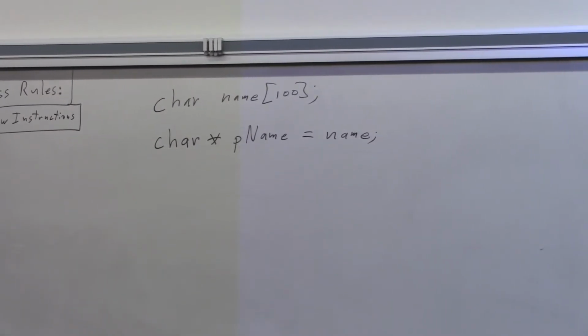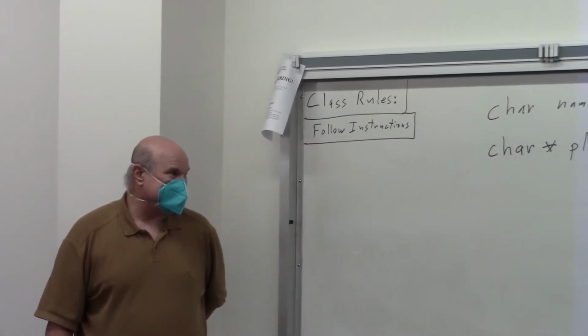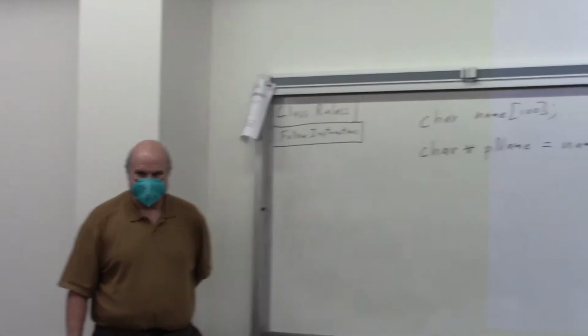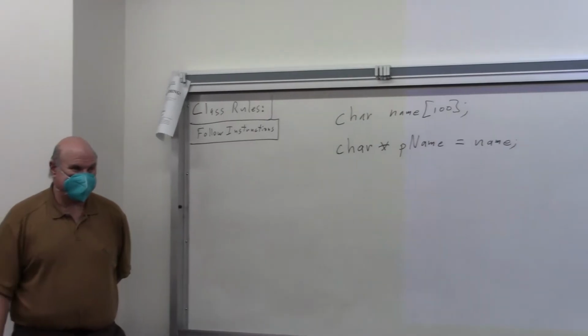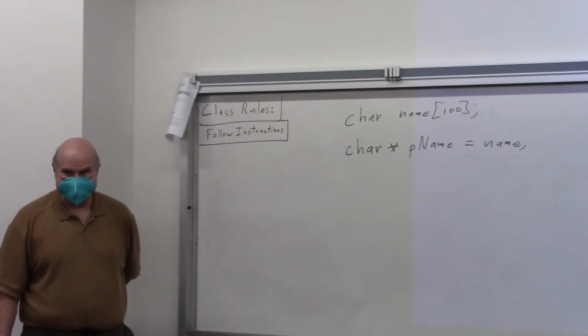Because they are. They're going to be involved in almost everything you do for the rest of the class. So, if I declare a pointer, in this case I called it pname, and I just assign it to name, it's a valid pointer to the array called name.